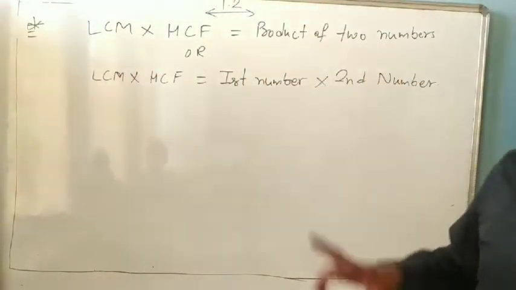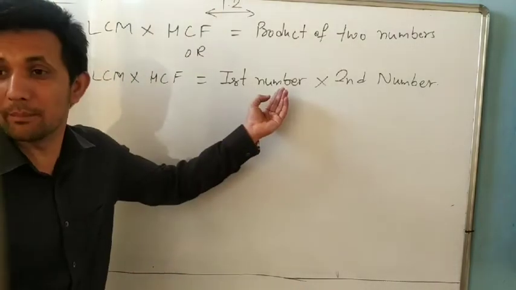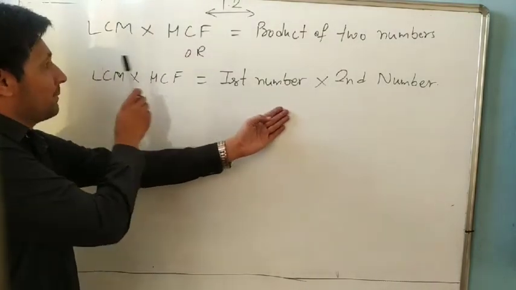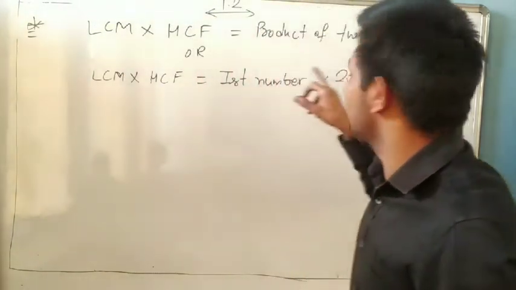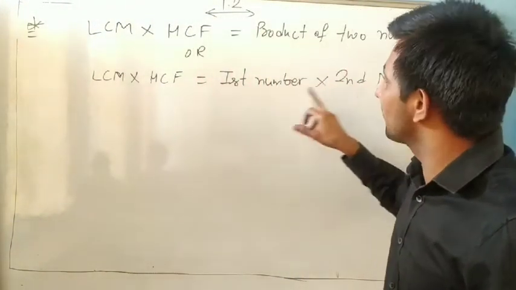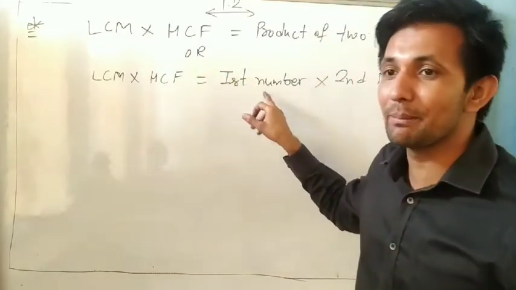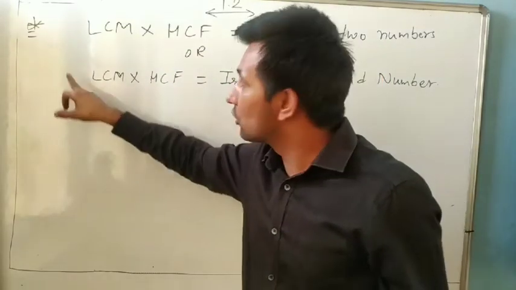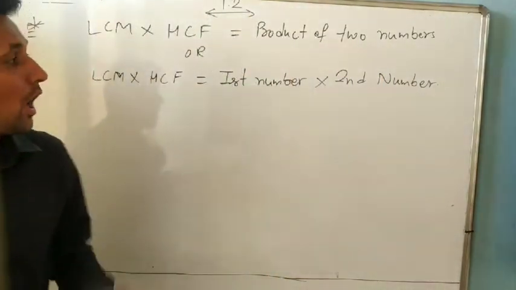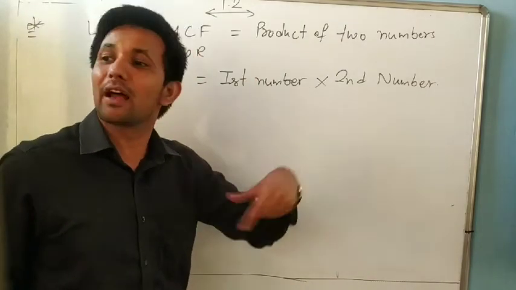So in a question the examiner may ask you to find the first number, when LCM, HCF and second number are given. Or maybe HCF, first number and second number are given and the examiner asks for LCM. So we will use this formula. Out of these four, 3 are always given and the examiner asks for 1.